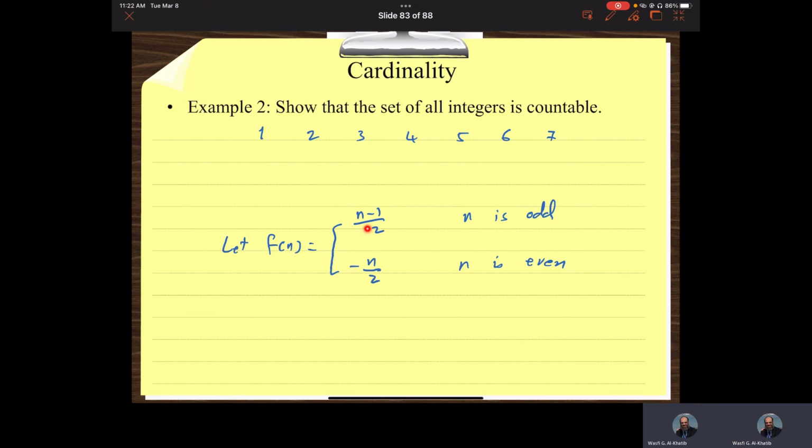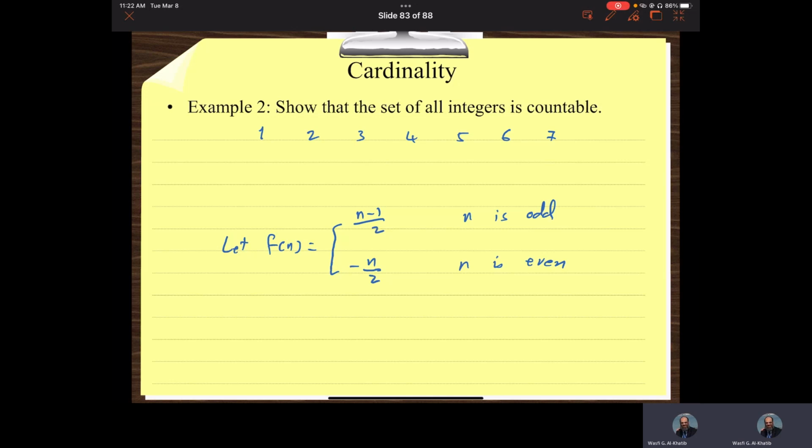In n minus 1 over 2, do we have any guarantees that this is always an integer? It's always an integer. Why? Because n is odd. Similarly, n over 2 is always an integer. Why? Because n is even. So negative n over 2 is always an integer.